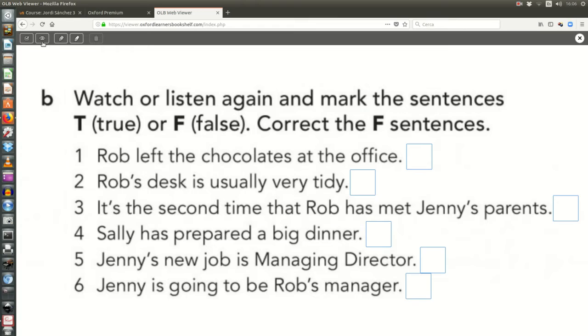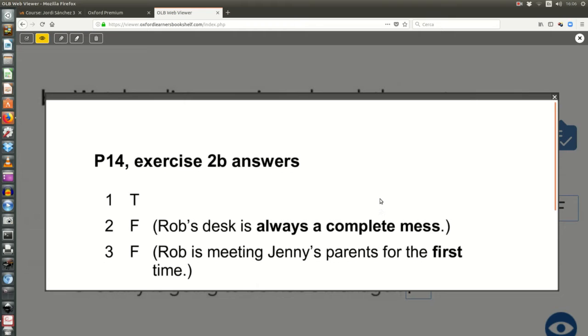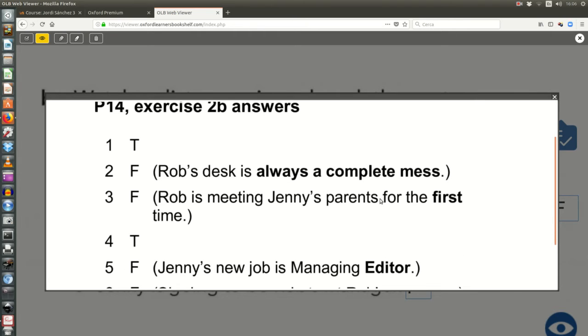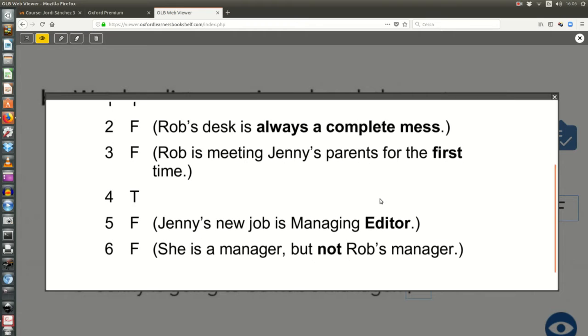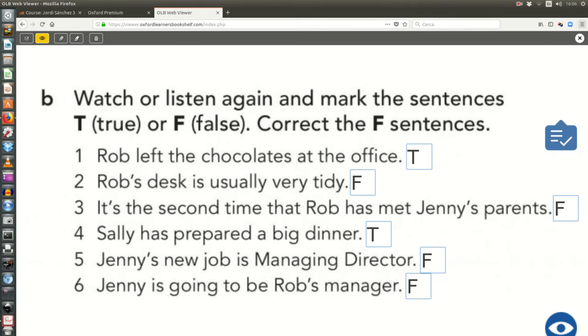These are the answers, and this is why the false answers are false. So perfect.